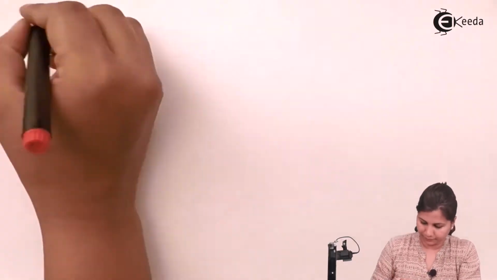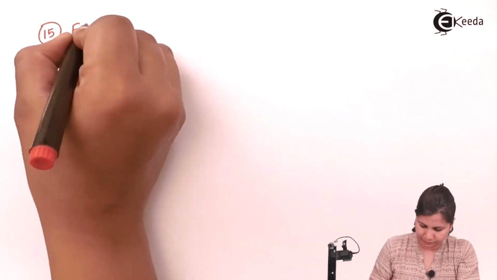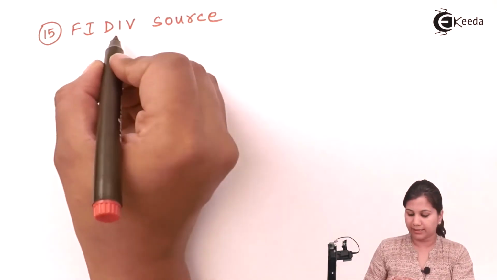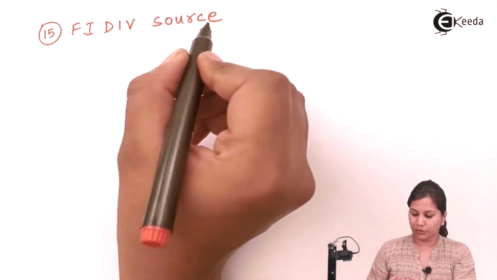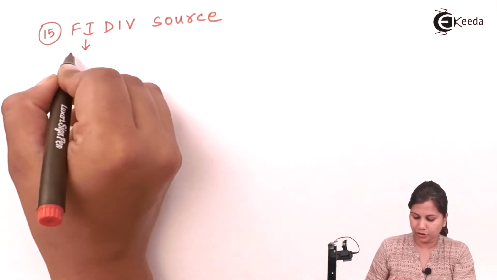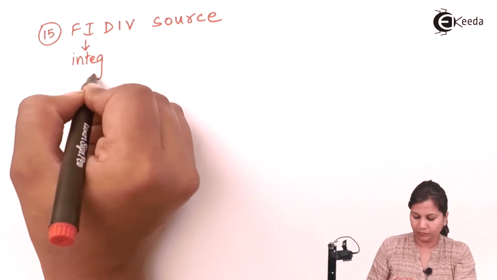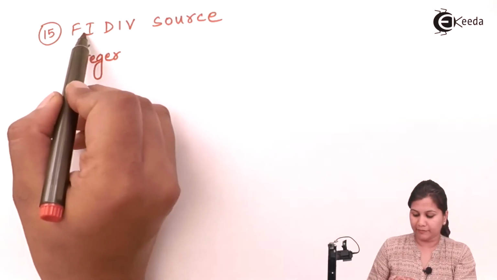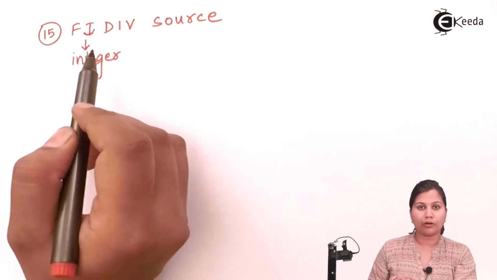So now the next instruction is FIDIV source. Here I is for integer. You can remember this, that from the I we can tell that one of the operands is an integer.